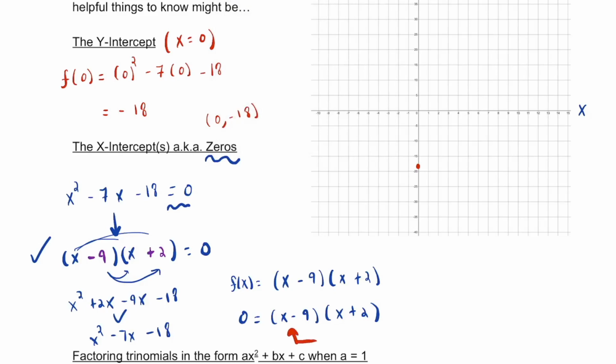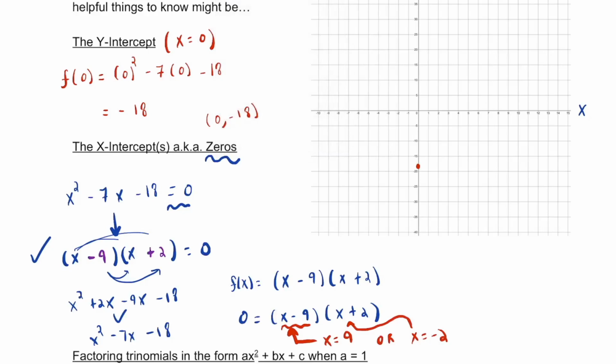Either x equals 9, because that would make this first parenthesis 0. You'd have 0 times 11, but who really cares what's in the second one? Once the first one's 0, anything times 0 is 0. Or x equals negative 2. Because if either of those two things are true, one of the two parentheses would be 0, the whole thing would be 0.